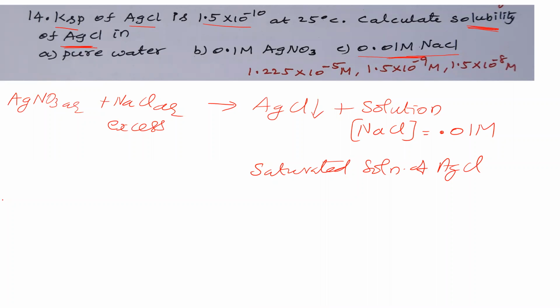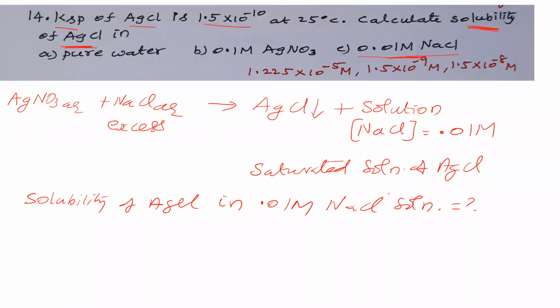So let us see how to find that. We want the solubility of AgCl in 0.01 molar NaCl solution. For that, we take the saturated solution of AgCl and write the equation.